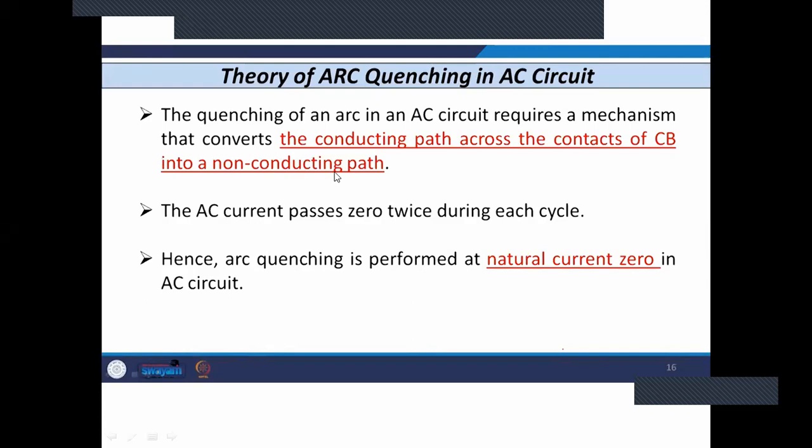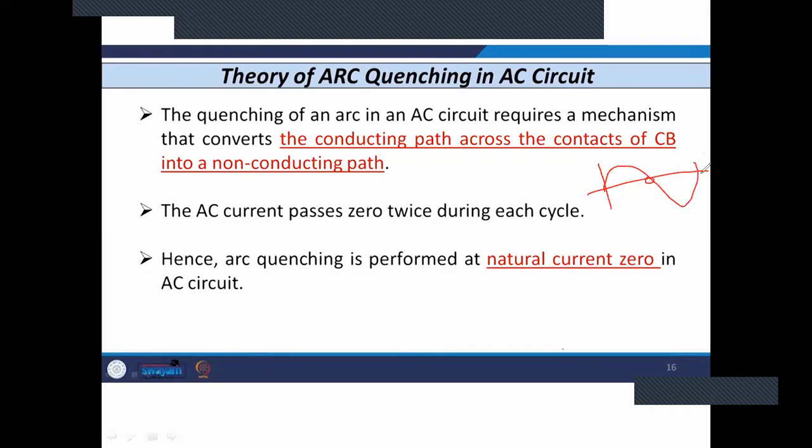As I have already told you, some arrangement must be made in order to convert the ionized particles into deionized particles. For this purpose, the AC current passes zero twice each cycle. For each cycle we have two zero crossings.